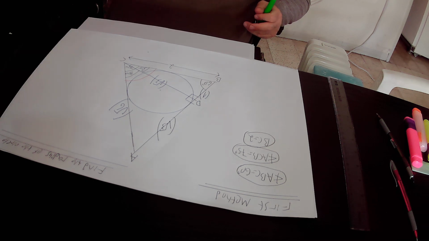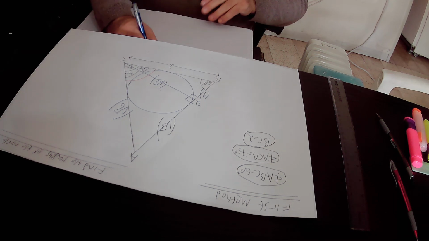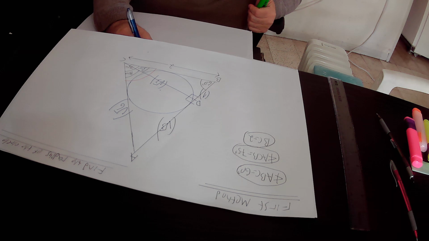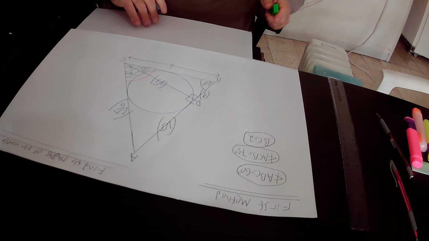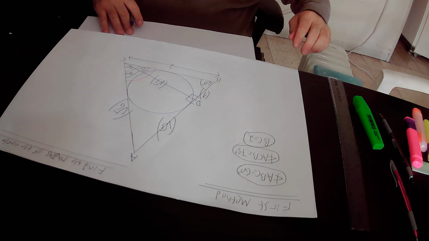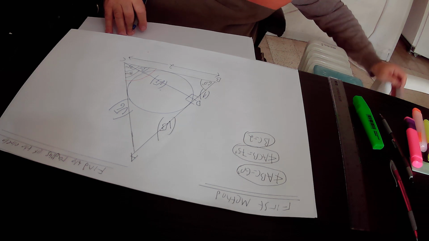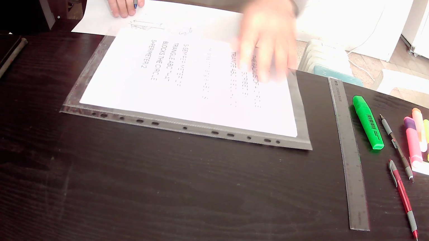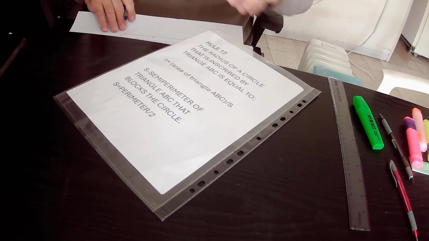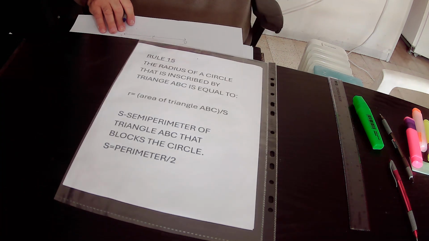Okay, so in the next step I will present to you a new rule, and we will implement the new rule in our drawing. The new rule is rule number 15. Rule number 15 is true in any triangle.